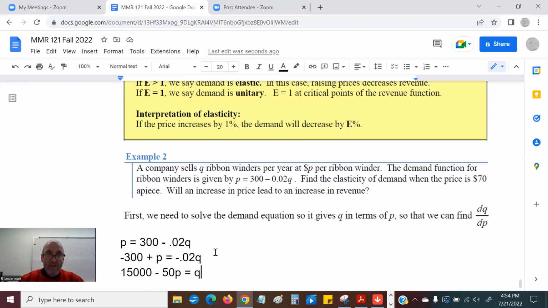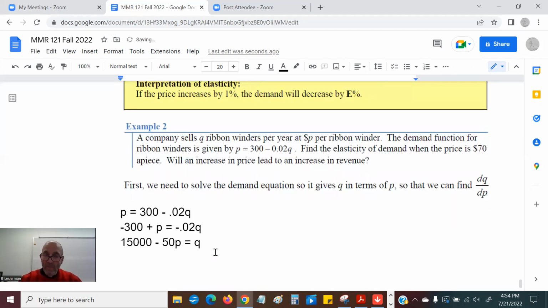And of course, I can take a derivative now. Q prime is going to be equal to just negative 50.